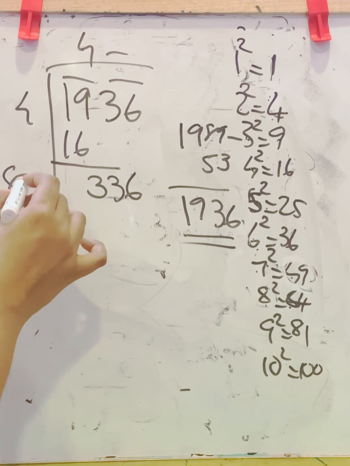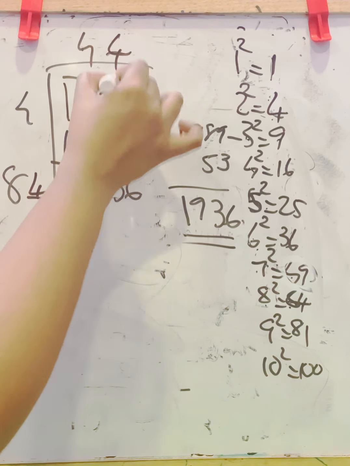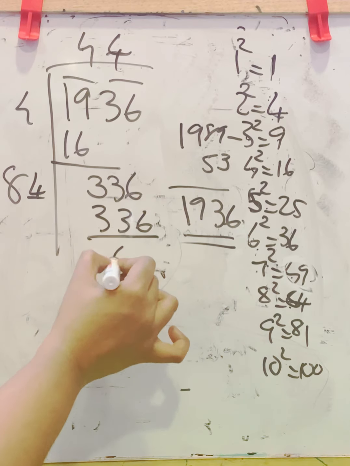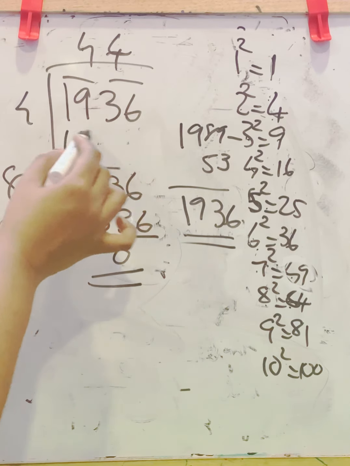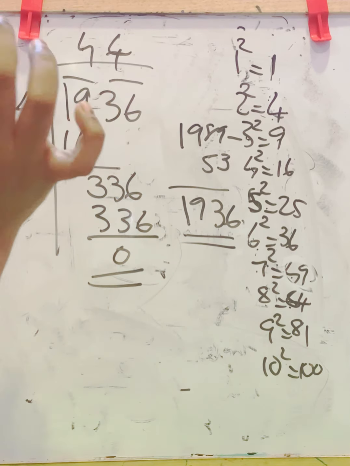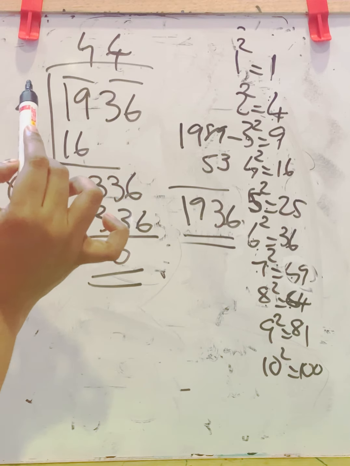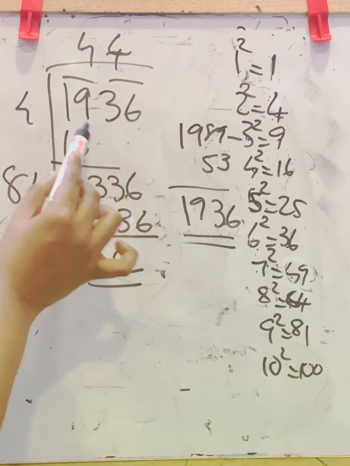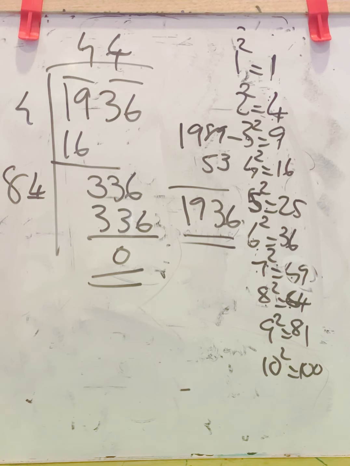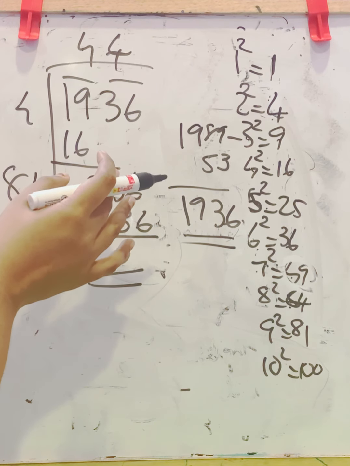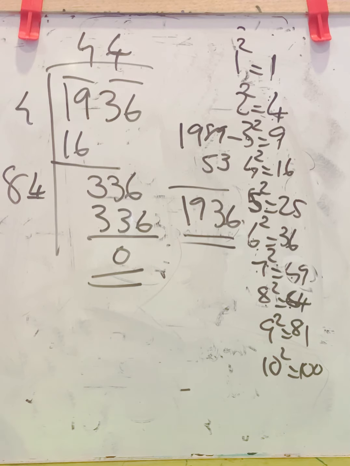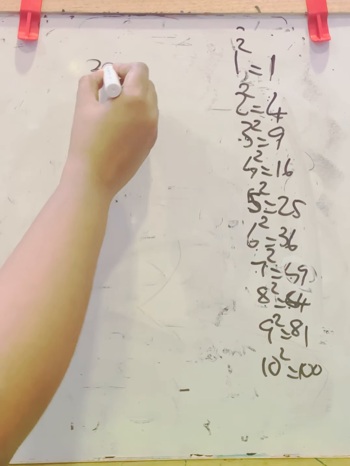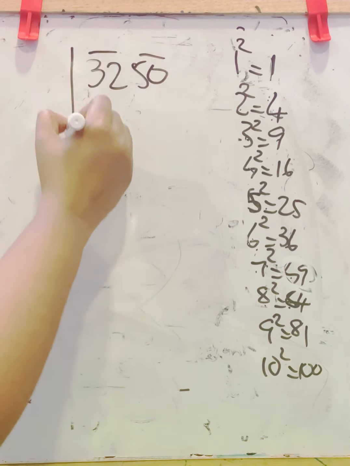Now 84 into 4, 336, 0. Square root of 1936 is 44. The question was 1989. You subtracted 53 from that. You got 1936, a perfect square. So what number should be subtracted? 53 should be subtracted. Next, 3250. Again pair it.